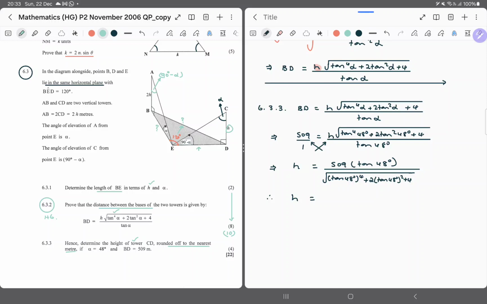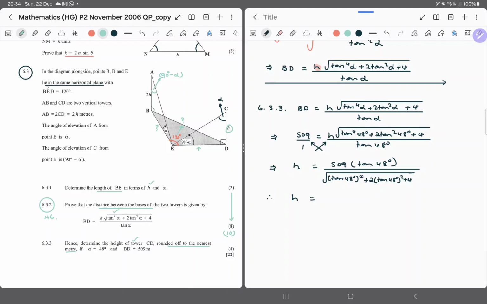So we've got 10 48 all to the exponent 4 plus 2 into 10 48. Make sure the brackets are good. That is squared, and then we add 4 to that. And then let's get our answer.